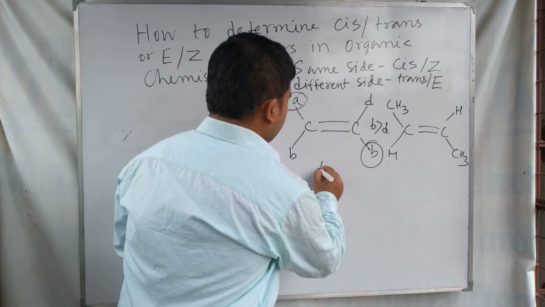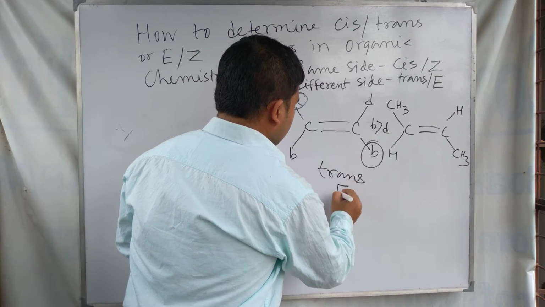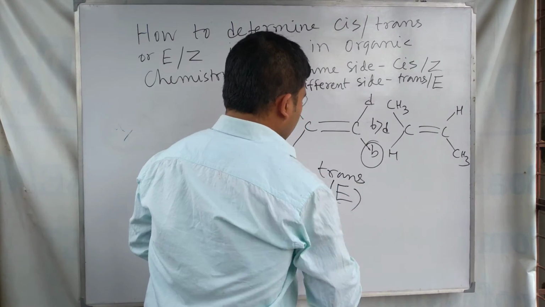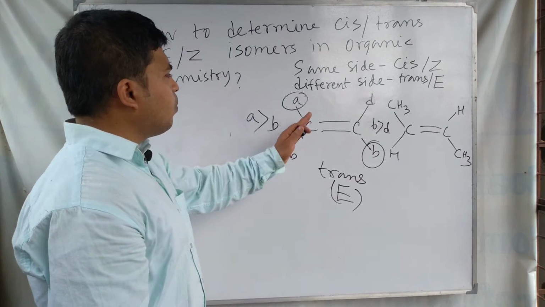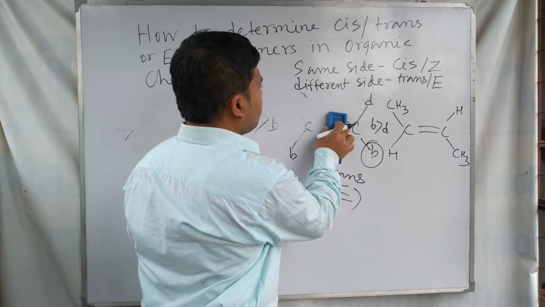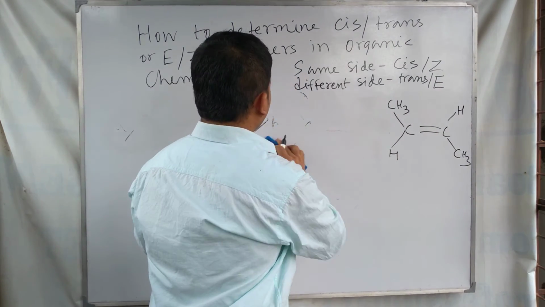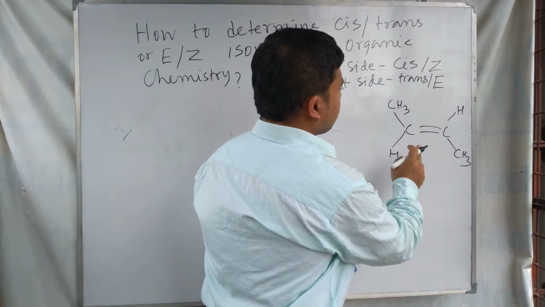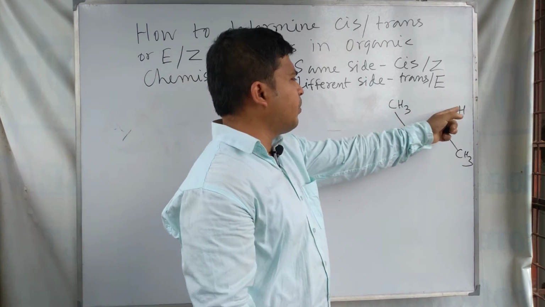For this reason, this is called trans or E. This type of isomer is called a trans isomer or E isomer, when the higher priority groups are on opposite sides of the carbon-carbon double bond. And this molecule contains geometrical isomers because these two groups are different.